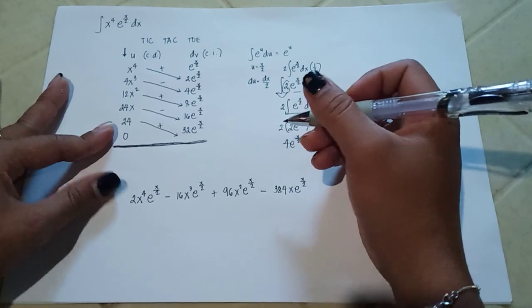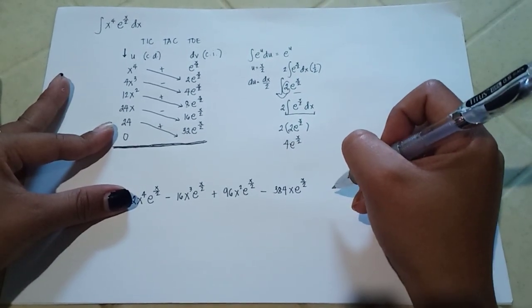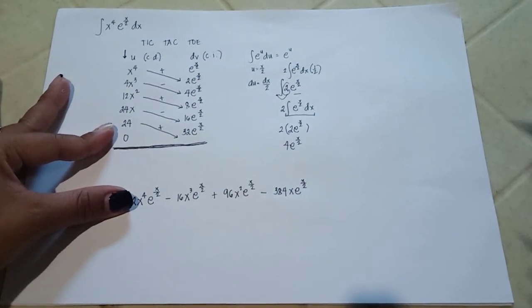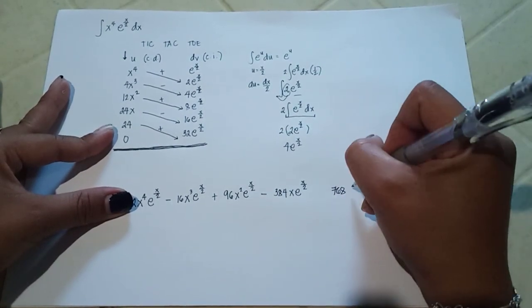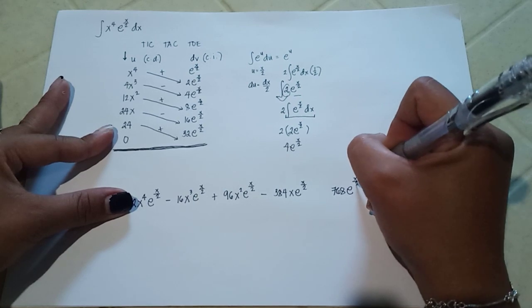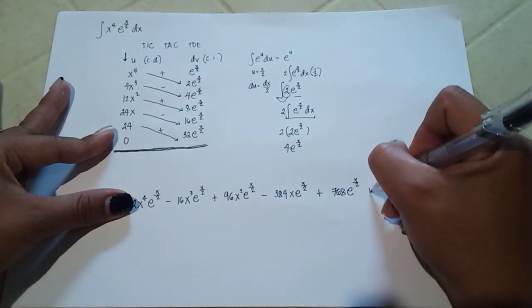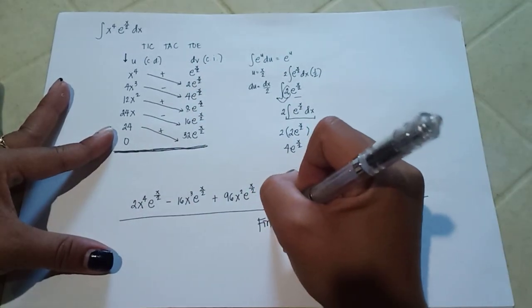Then the last one is 24 multiplied by 32 e raised to x over 2, that is 768 e raised to x over 2 multiplied by positive, that is positive, and just add c, and this will be your final answer.